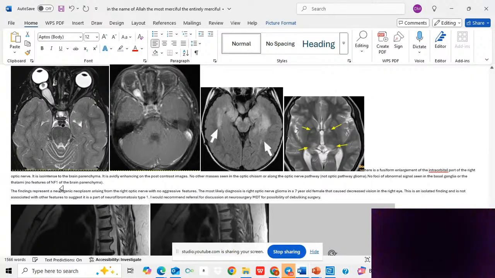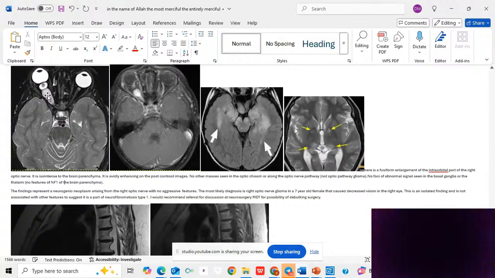Okay, so the findings in this case represent a neurogenic neoplasm. It arises from the optic nerve, a neurogenic neoplasm arising from the right optic nerve with no aggressive features. Okay, the most likely diagnosis is right optic nerve glioma in a 7-year-old female that caused decreased vision in the right eye.